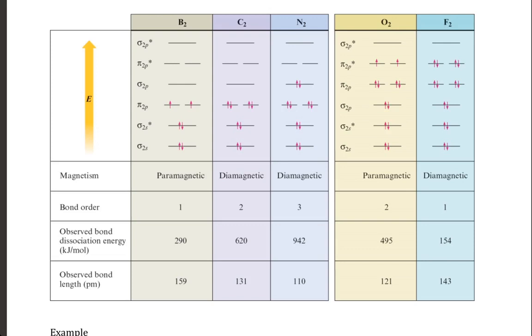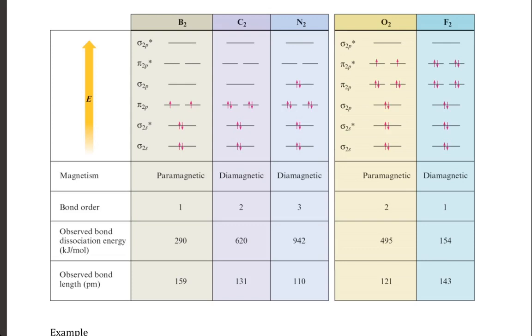That would be what we have for B2, C2, and N2. For O2 and F2, it goes sigma 2s, sigma 2s star, sigma 2p, then pi 2p, then pi 2p star, then sigma 2p star. So check those out and make sure that you could come up with those with the number of electrons we have in each of those molecules.